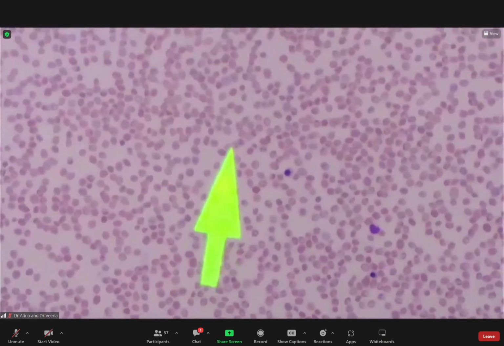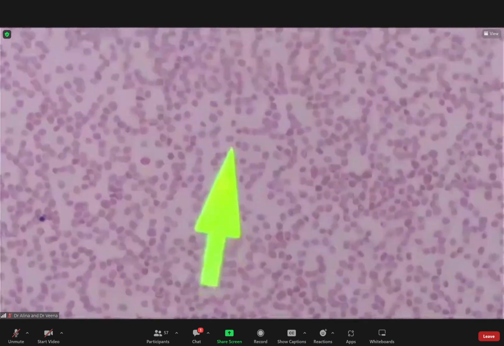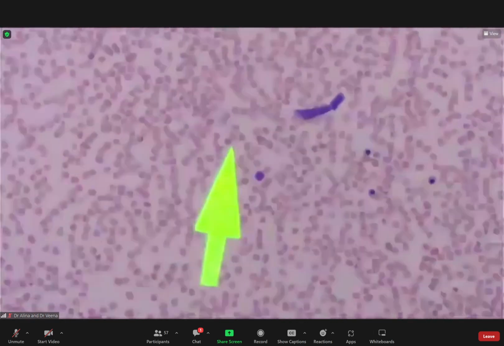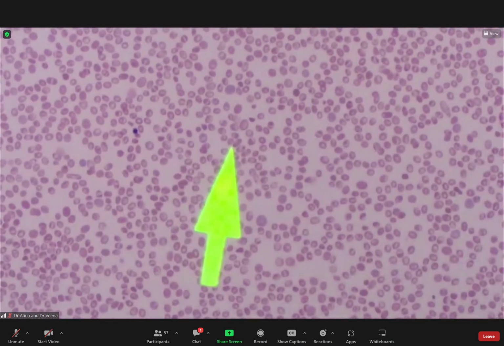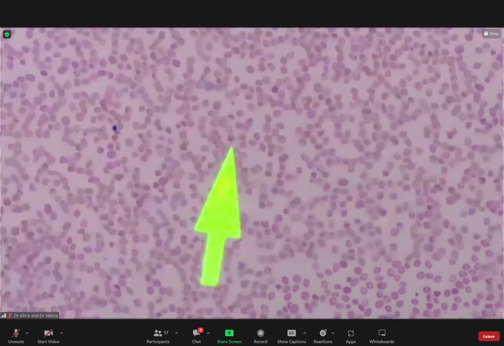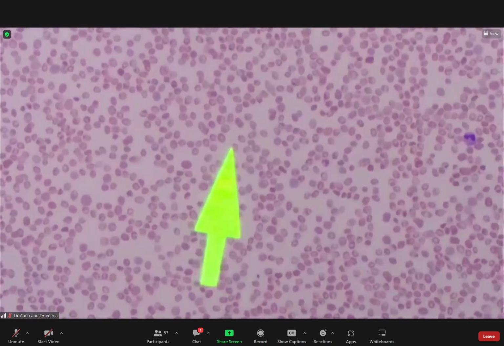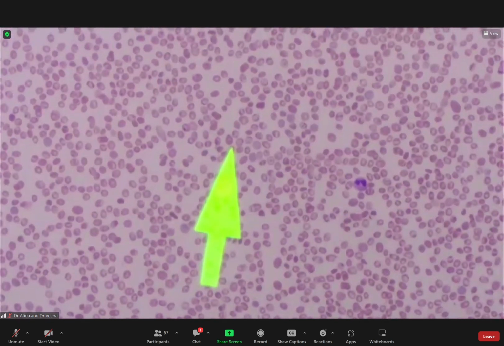Okay. And then what we want you to be able to look for are, let's see under the microscope. Okay. Here. I hope some of you caught this. Were you able to catch this? These inclusions in the red cells?